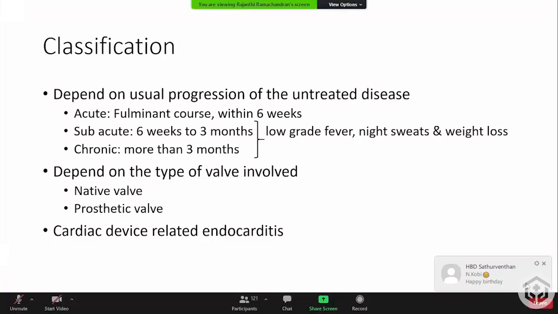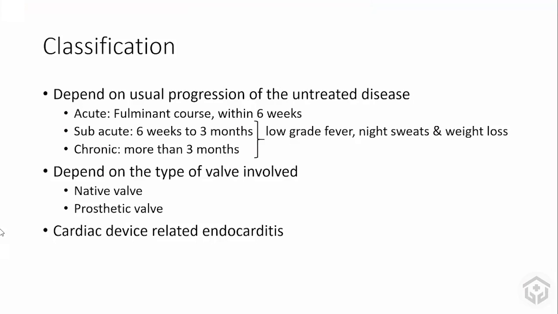So nowadays, in this developed antibiotic era, we cannot classify like this, because we quickly treat the patients if we have any suspicion. But in earlier days, when there were no such antibiotics, they were classified into acute, subacute and chronic.